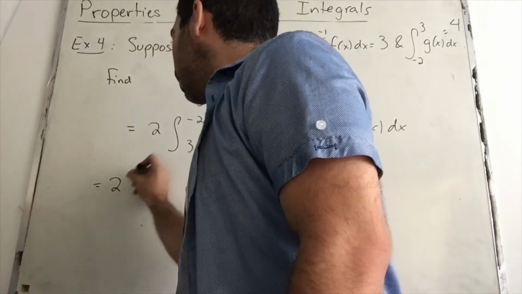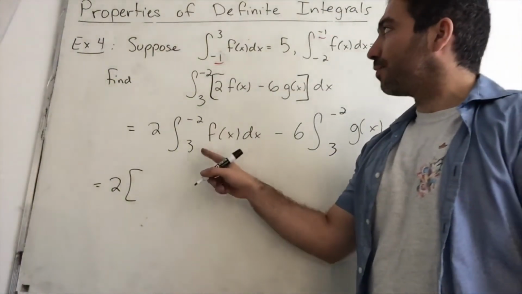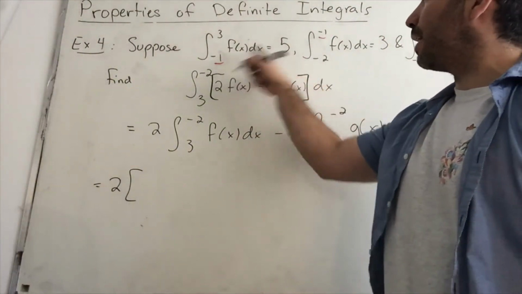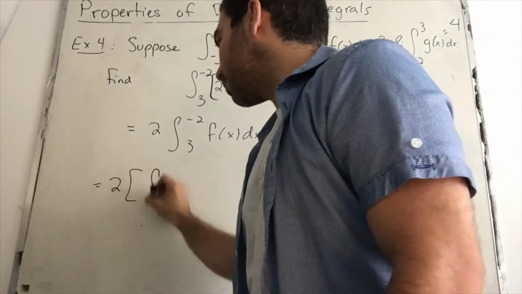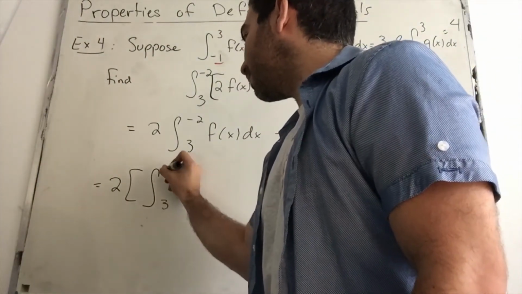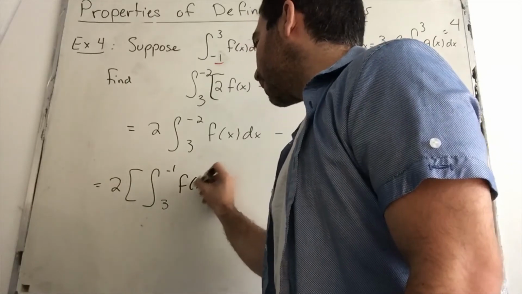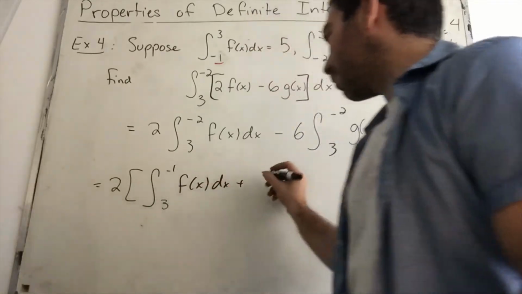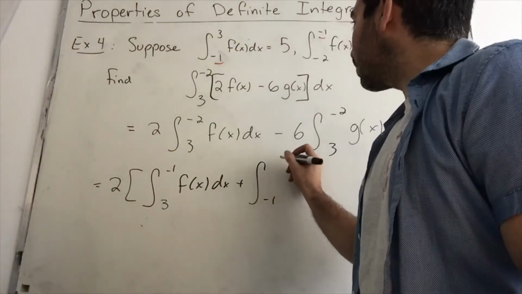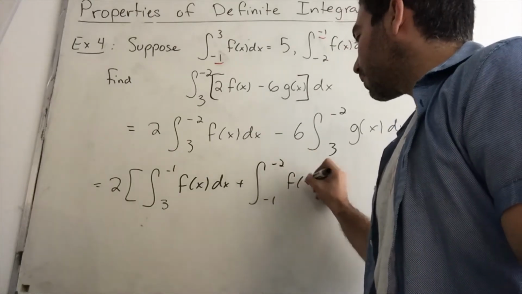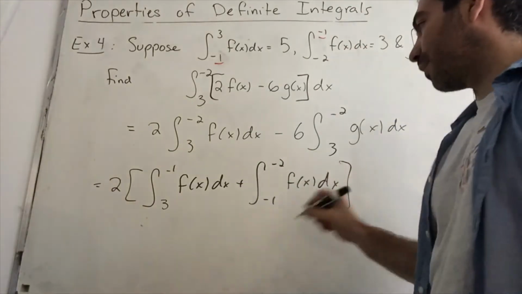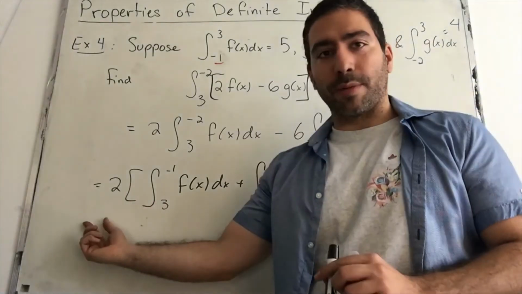So what we get is 2 open bracket. The 3 and the negative 2 will separate it to get a negative 1 using property 6. So this is equal to 3 to negative 1 f of x dx plus negative 1 to negative 2 f of x dx.